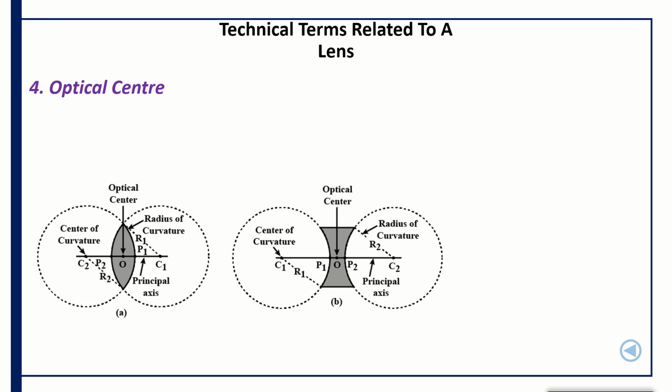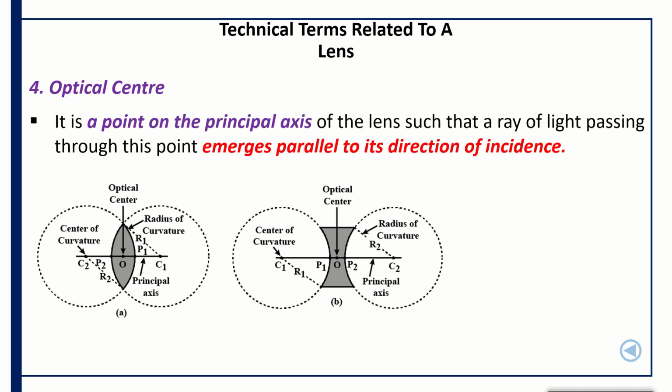Now, what is optical center? The center of that spherical lens is known as the optical center of that lens. It is a point on the principal axis of the lens such that a ray of light passing through this point emerges parallel to its direction of incidence.